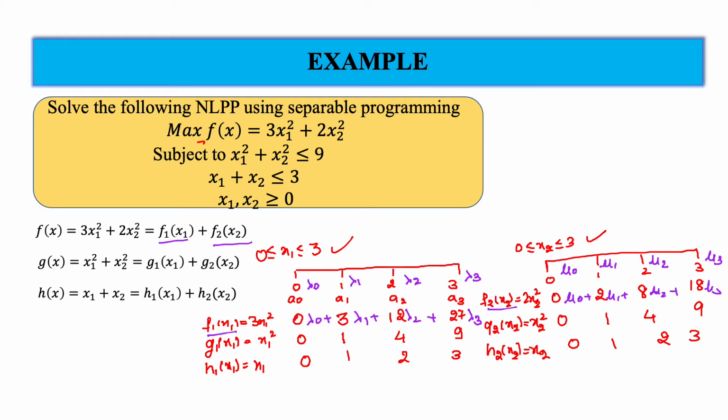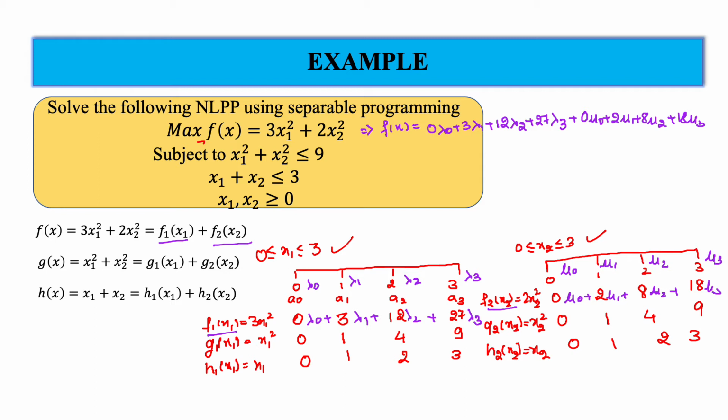So fx is the sum of the linear combination approximations. That gives us fx equals 0 lambda naught plus 3 lambda 1 plus 12 lambda 2 plus 27 lambda 3, plus, for f2 x2, 0 mu naught plus 2 mu 1 plus 8 mu 2 plus 18 mu 3.